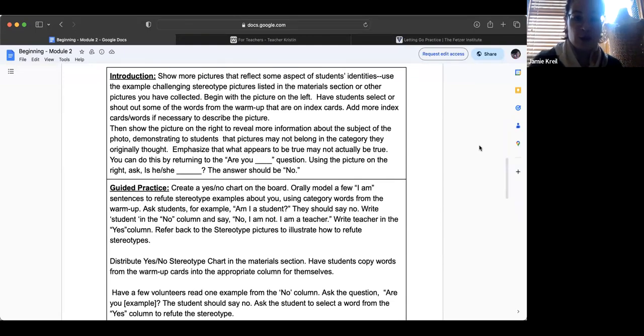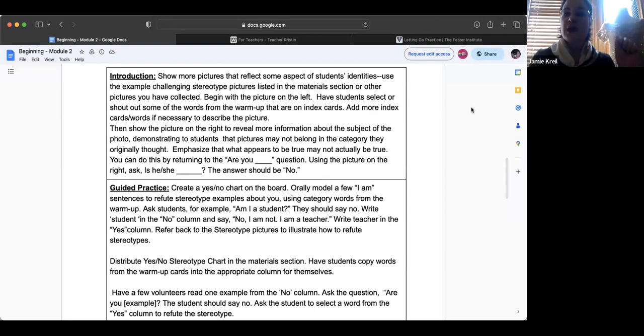Then we'll show more pictures that reflect some aspect of our students' identities. We have a set of pictures where there's a zoomed in version on the right, and then you zoom out on the left. For the zoomed in portion, we'll want students to assign them to the category that they think it is.